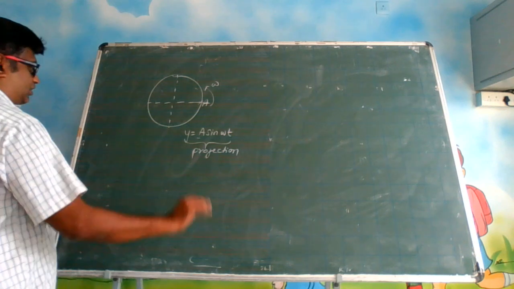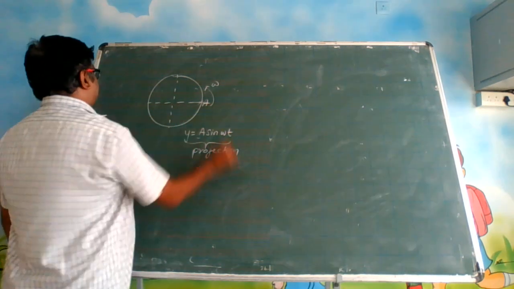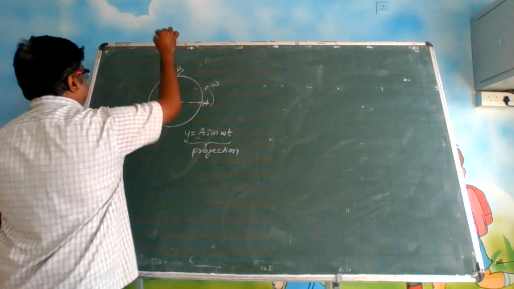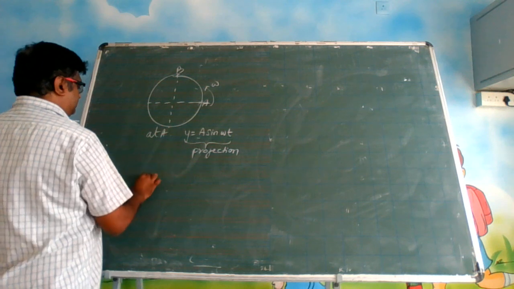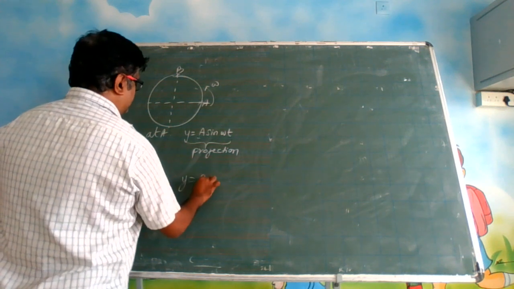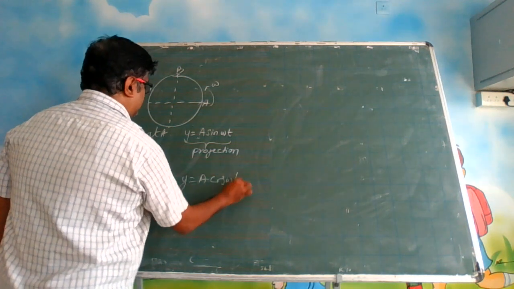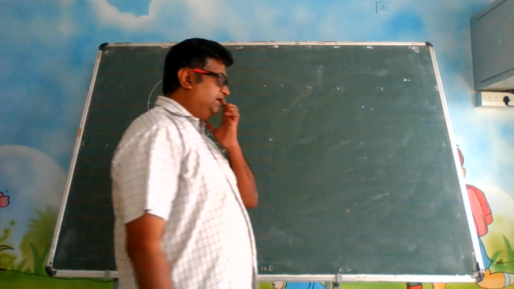Uniform circular motion is not simple harmonic motion, but it's projection. Suppose the particle started here, then this is at A. If it starts at B, we will write y is equal to a cos omega t. Okay, these 2 points you have to remember.